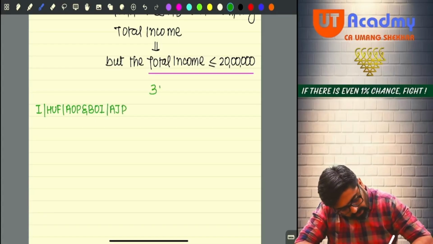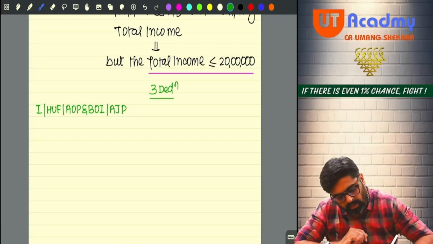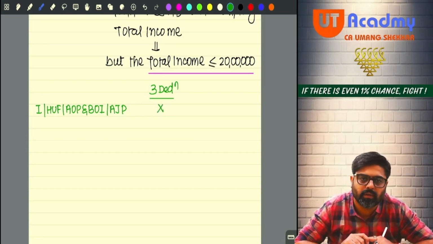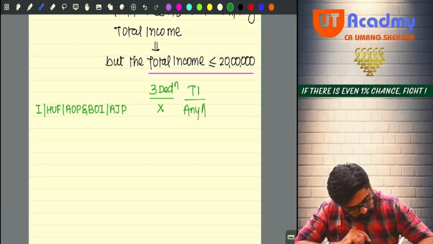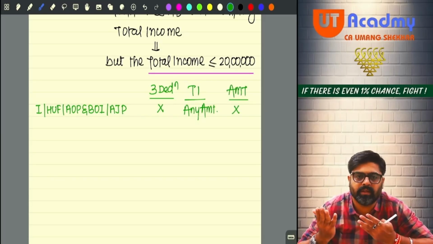These three deductions mentioned above, yes or no? Suppose you have not claimed these three deductions. Then whatever is your total income, any amount, AMT provisions will not be applicable for you, because you have not claimed these three deductions.